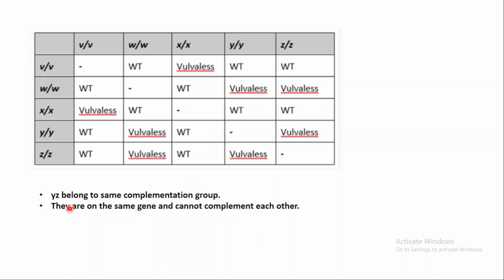But in a complementation group, they will never complement each other. If you have any doubts on this, we can revisit this. But we have another question related to the same table. Y and Z belong to the same complementation group, and they are on the same gene and cannot complement each other because two mutations in the same gene will still produce a defunct gene product.